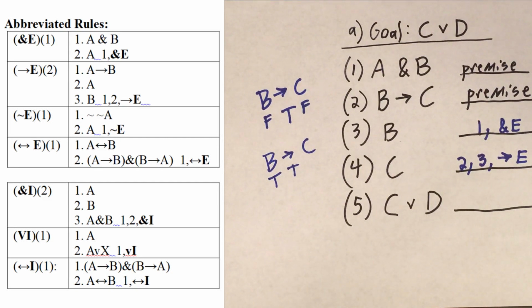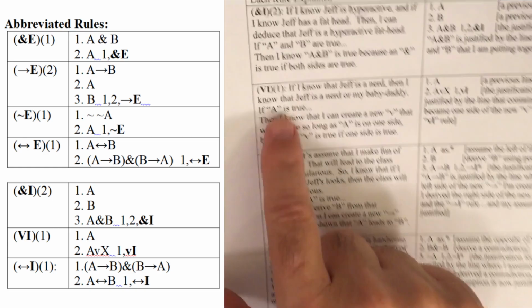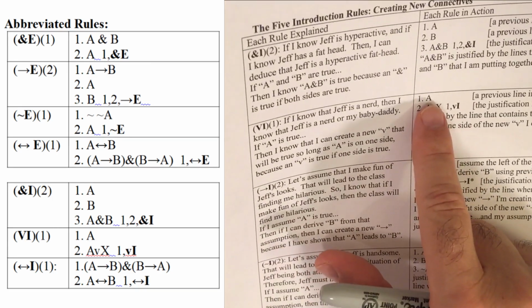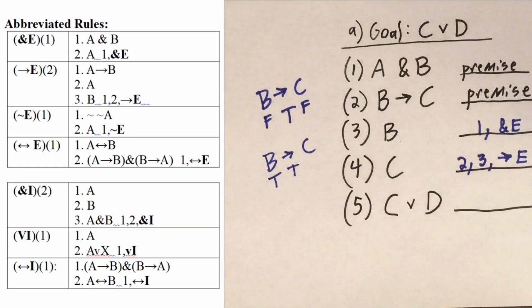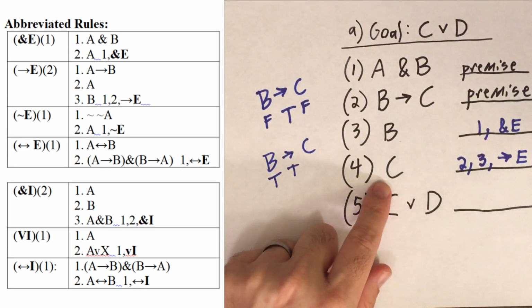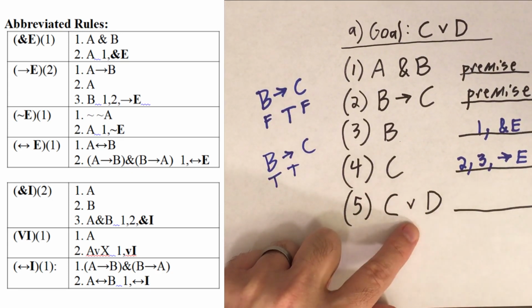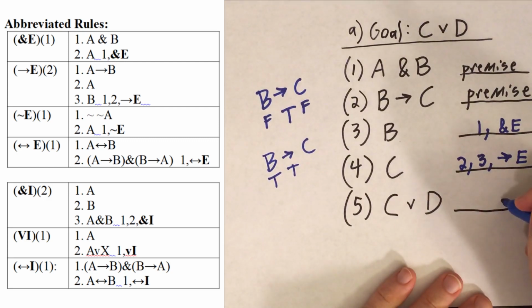So again, using my corny methods, I look at my OR introduction rule. And what does it say? If I know that A is true, then A or anything is true. Well, in this case, I know that C is true, so C or anything, in this case D, is true. So yes, I used my OR introduction rule.